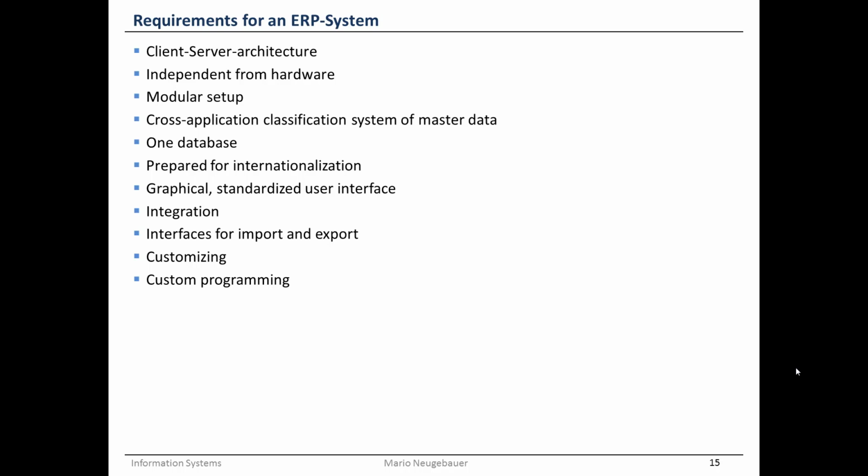An ERP system should support a modular setup. What does it mean? Of course, it's nice to have modules such that you can build your things together, but why would you do it? You would do it because each module induces some costs for buying this module, and then as the customer of such an ERP system producer, you would choose only the modules which are important for your company.